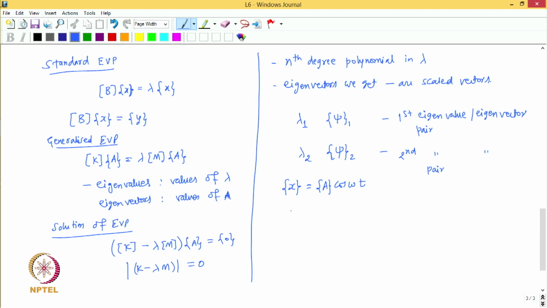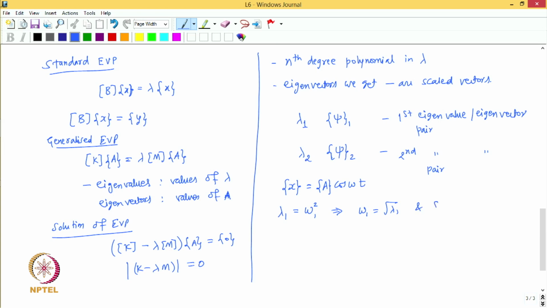So, if I take the first pair, since lambda was taken as omega square, we can write lambda 1 as omega 1 square. So, this leads to omega 1 as square root of lambda 1, right.